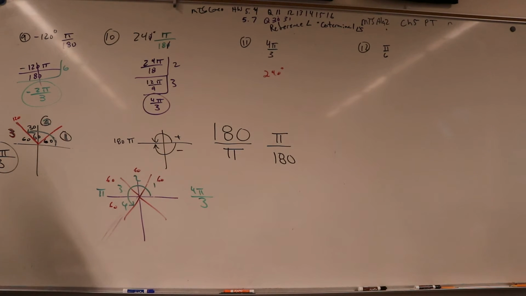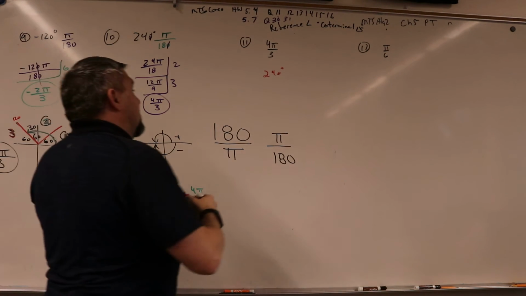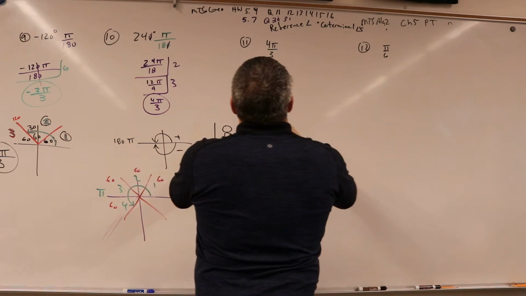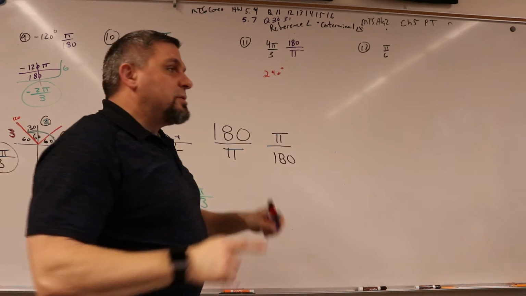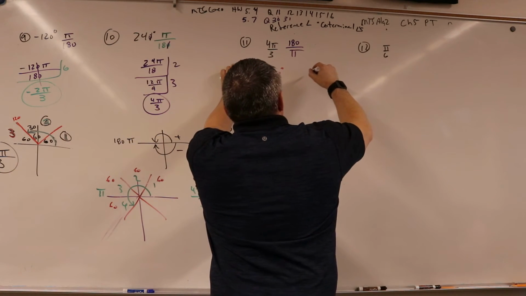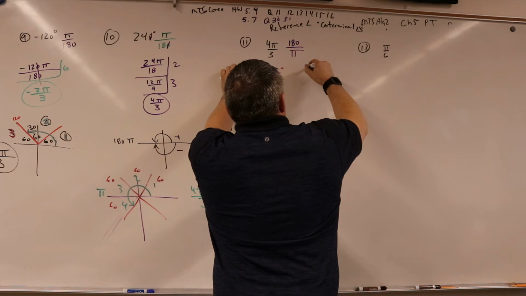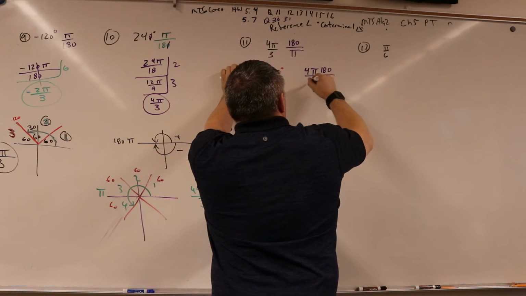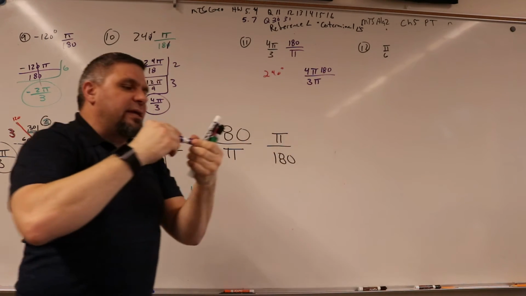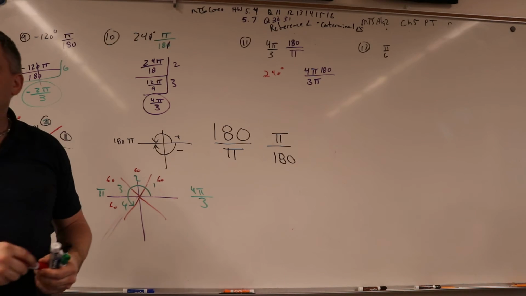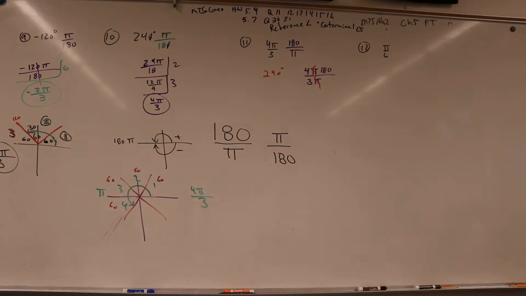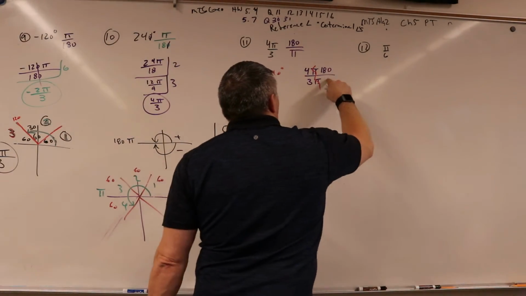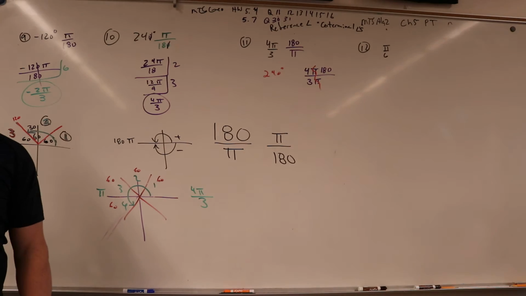But how do we get there if we didn't do this? We would do 180 over pi. So we've got 4 pi times 180 over 3 pi. Does anything cancel? The pis. Now, does 3 go into 180?